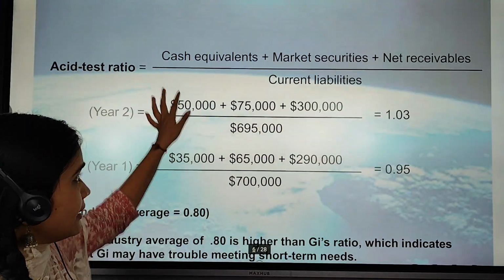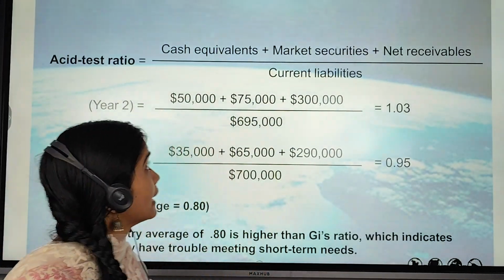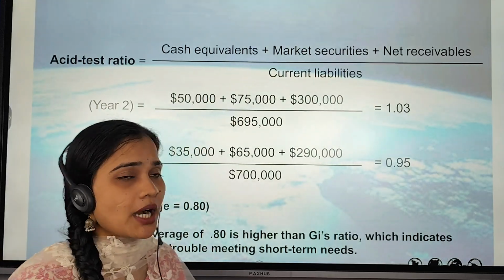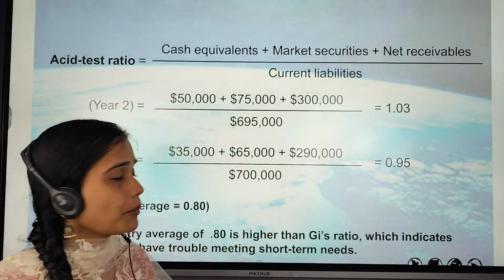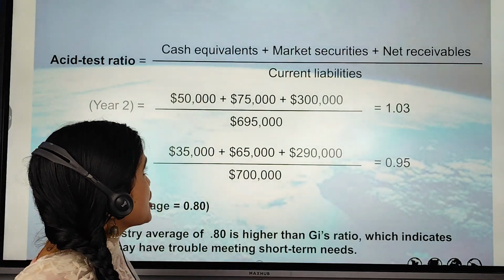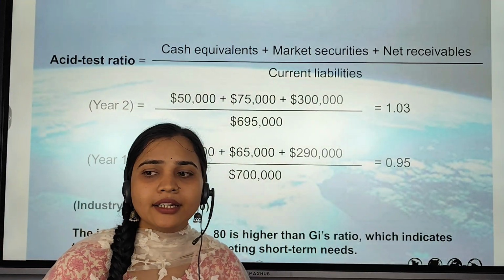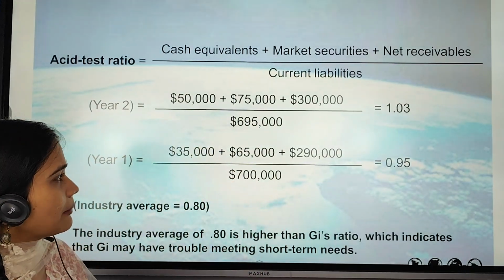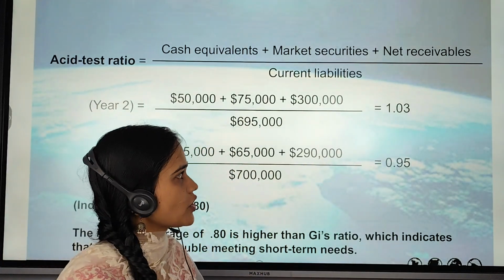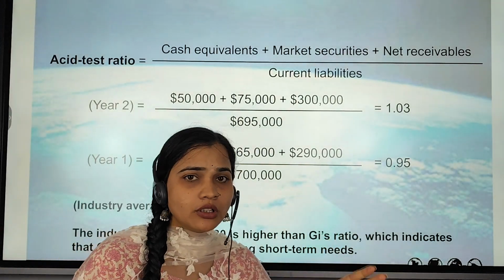Here is the acid test ratio. The formula for calculating the acid test ratio is cash equivalent plus marketable securities plus net receivables upon current liabilities. For year 2, it is 50,000 cash equivalent, 75,000 marketable securities and 30,000 net receivables upon current liabilities of 6,95,000. So the acid test ratio for year 2 is 1.03.